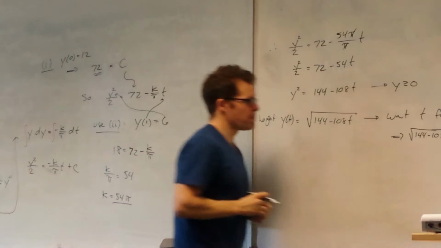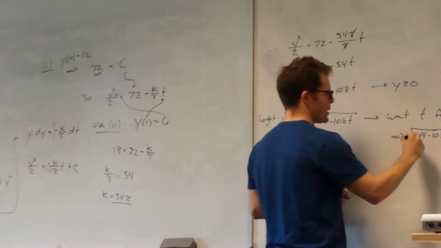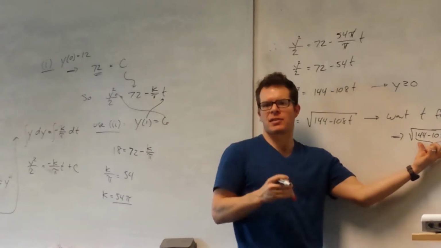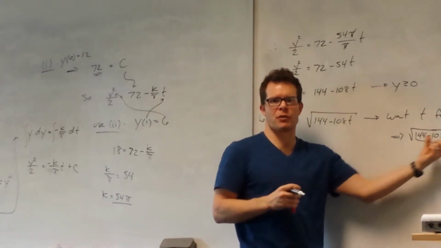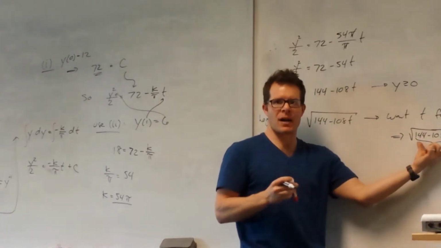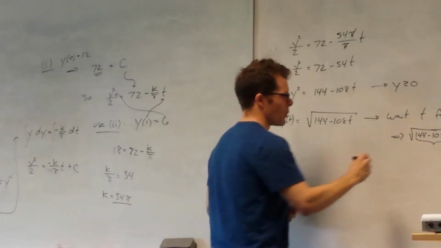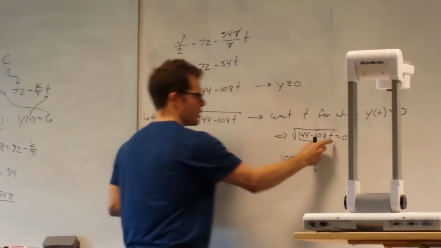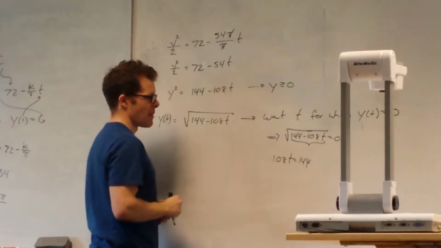And for a square root to be identically 0, the radicand has to be 0, right? That's the one-to-one function. The only time the square root function is 0 is when the argument is 0. So we got 108t must equal 144, right?